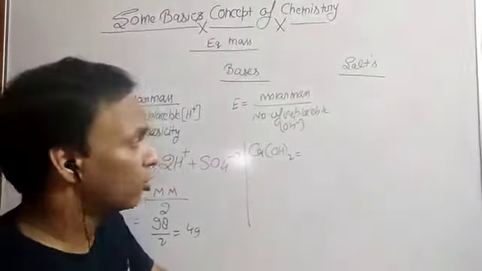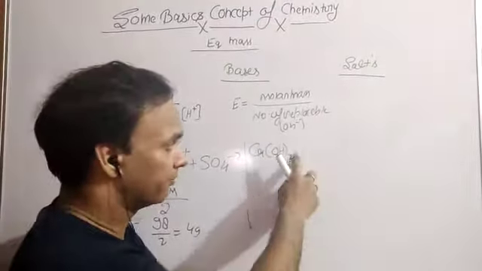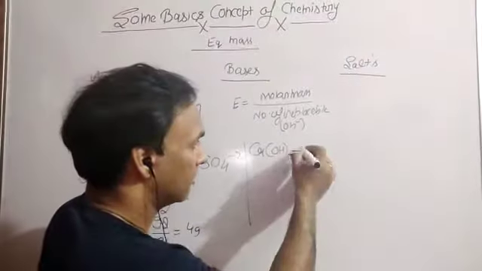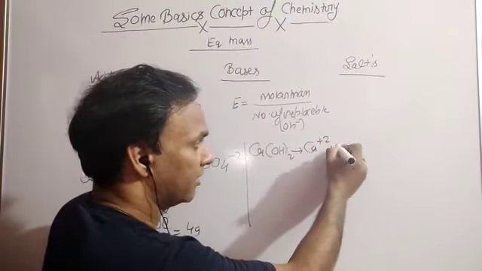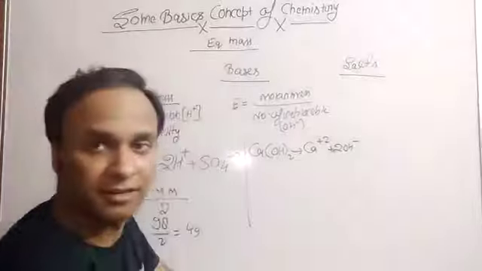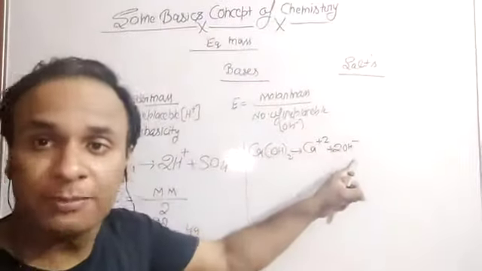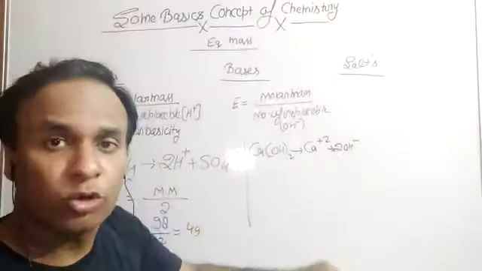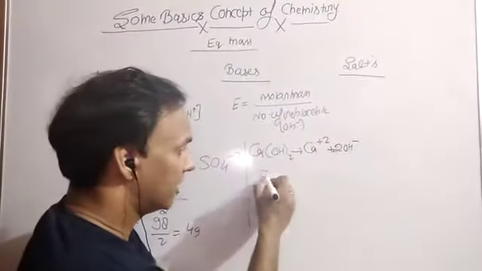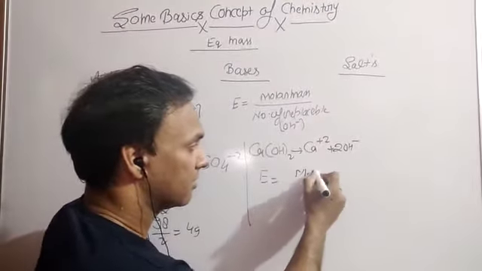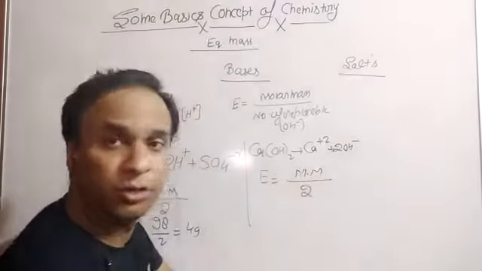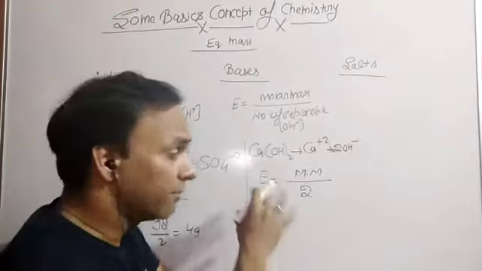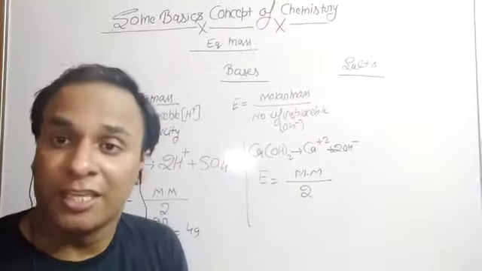When calcium hydroxide gets decomposed, it gives Ca2+ ion and 2 OH- ions. Due to the replacement of 2 hydroxide ions, the equivalent mass is molar mass divided by 2. Clear? By this formula, we get the equivalent mass.